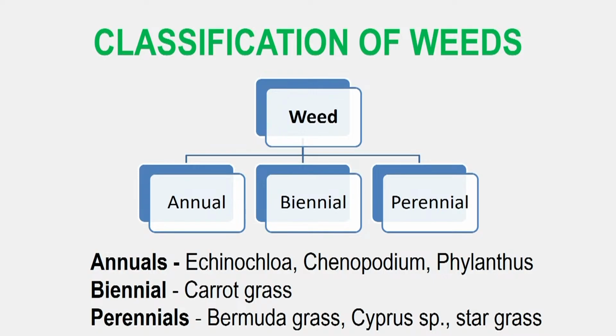Some examples of annual weeds are Echinochloa, Chenopodium, as well as Phyllanthus. While in case of biennial weed, the life cycle is completed within 2 seasons or within 2 years. This type of weed is like carrot grass.